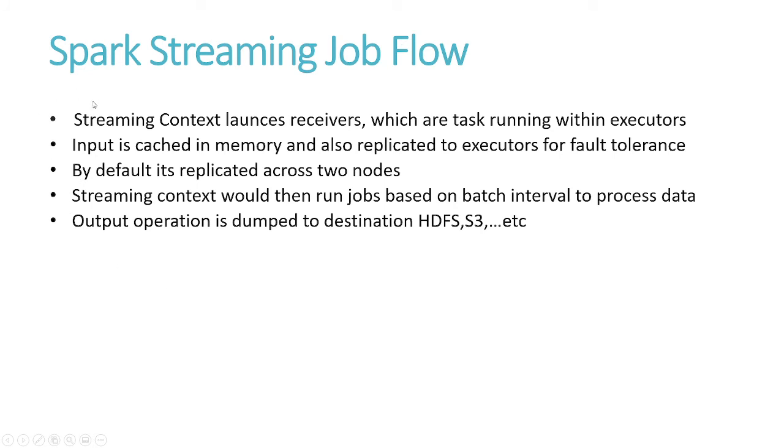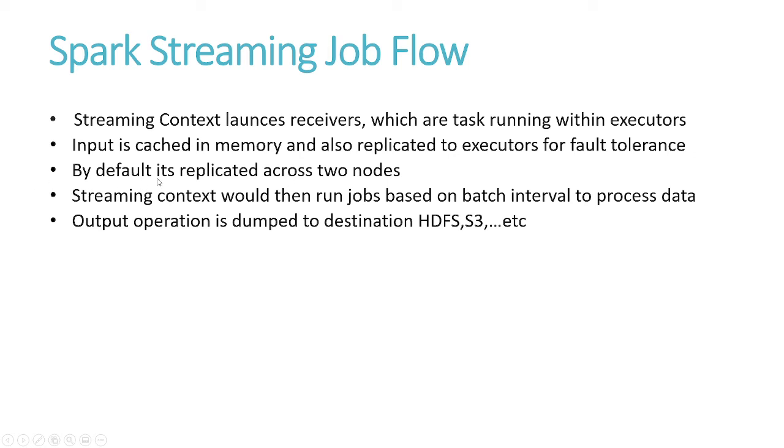First step, it creates a Spark streaming context as we saw. Then it launches receivers, which are tasks running under the executors. Input is cached into memory and also replicated to another executor for fault tolerance. We will see in detail how fault tolerance is handled in a Spark streaming application in our next video, so please stay tuned.